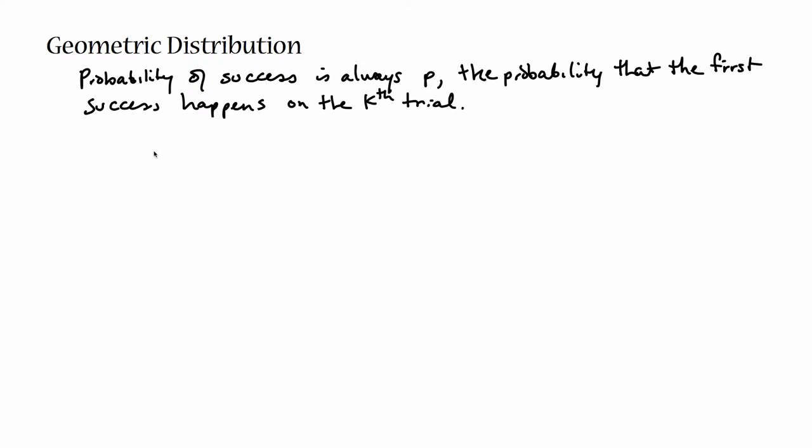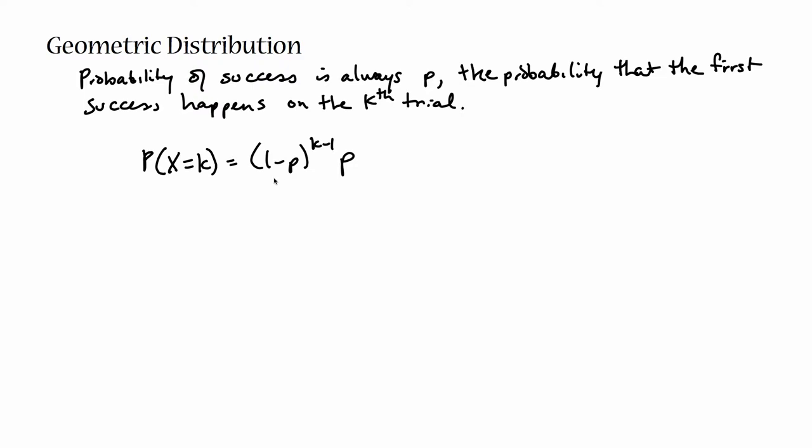So the probability mass function is given by: the probability that X equals k is (1 minus p) to the k minus 1, times p. Again, you can think this one out pretty straightforwardly, because if you succeed on the kth trial, it means that you fail k minus 1 times.